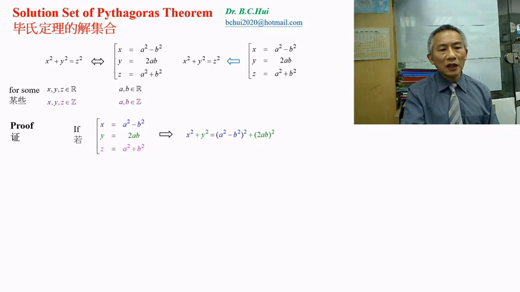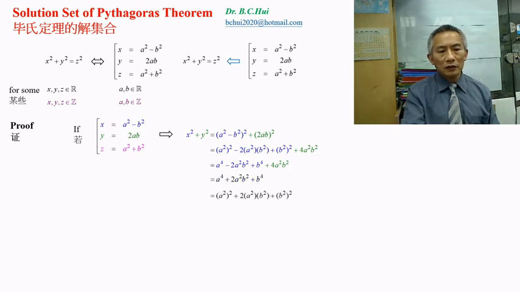And then we write down x squared plus y squared. After a number of expansions and simplifications, we find that it can be written as (a squared plus b squared) all squared, which is the same as z squared.